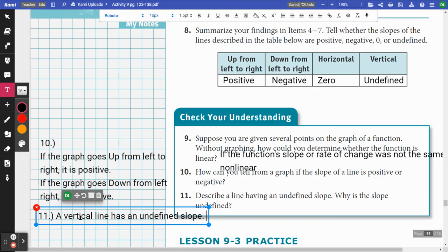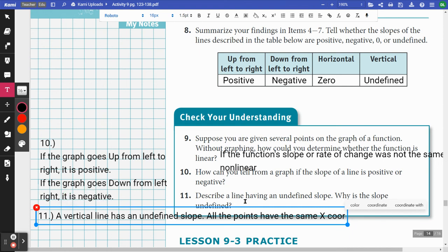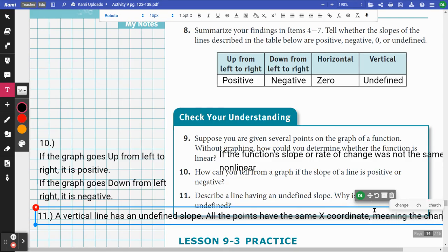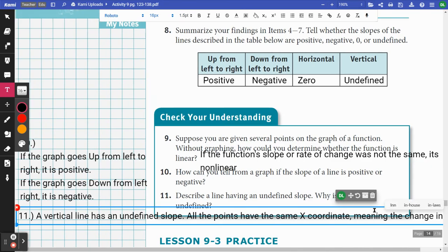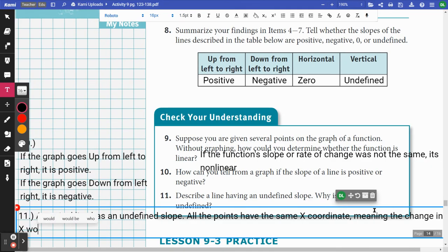It's undefined because for a vertical line, all the points have the same x coordinate, meaning the change in x would be 0.